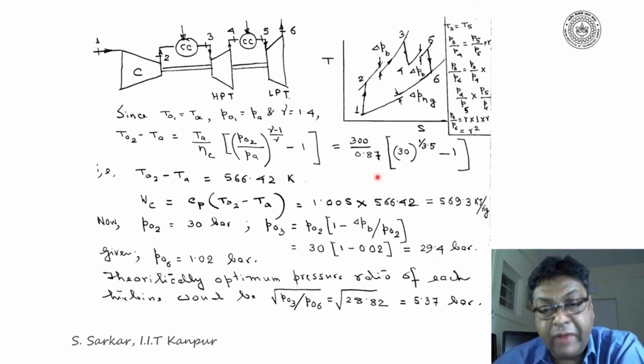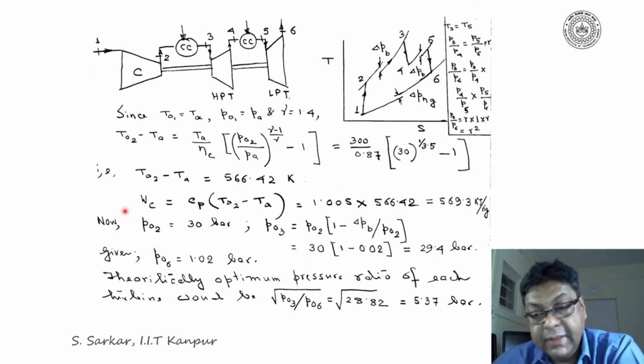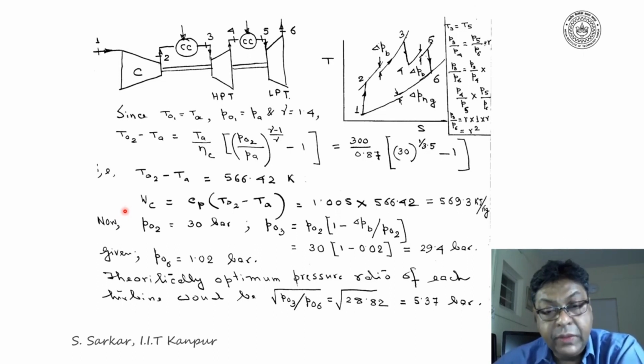So I have put all the values here. 300 divided by 0.87 within bracket 30 to the power 1 by 3.5 minus 1. When I have calculated this, I got T02 minus TA is equal to 566.42 K. Thus, I can evaluate work required to run the compressor, WC, as Cp into T02 minus TA.